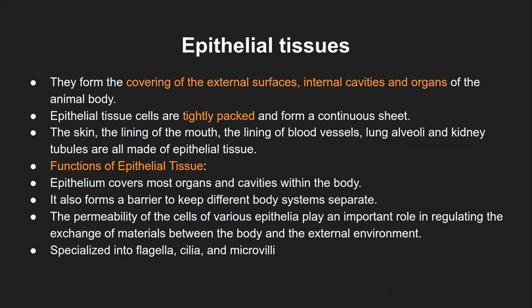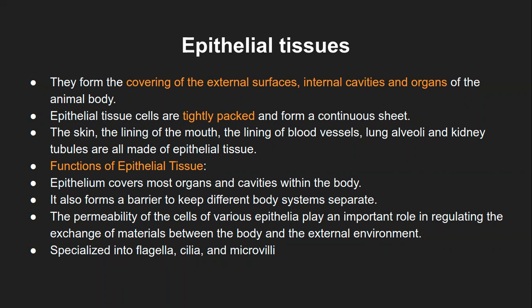The hair-like projections which are inside your nose, they are nothing but the cilia, and that is called ciliated epithelium. Ciliated means epithelial tissue which has cilia, or it is also called flagellated epithelium. So that is epithelial tissue with the flagella structure. Flagella is nothing but again a hair-like projection which is a little longer than the cilia.